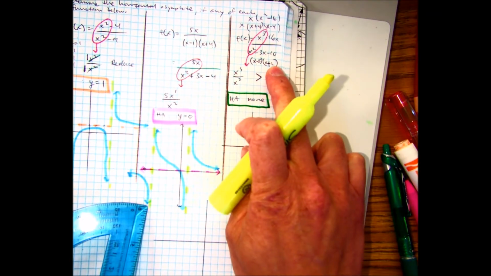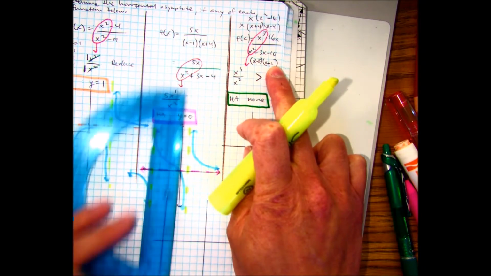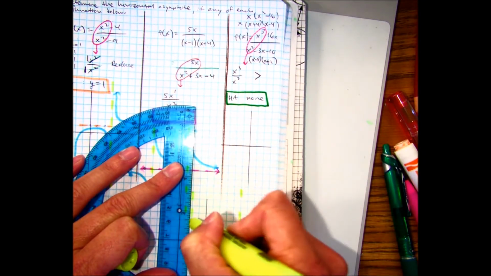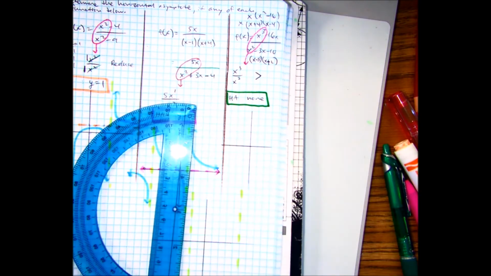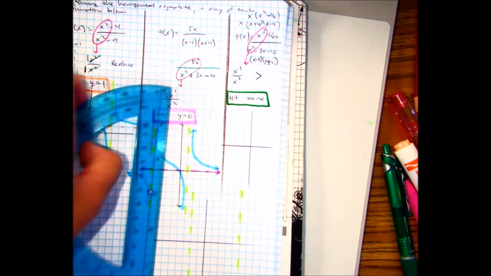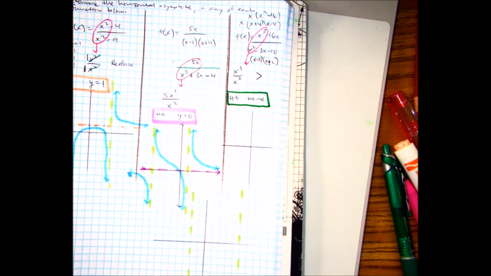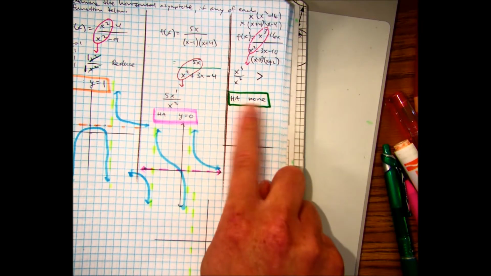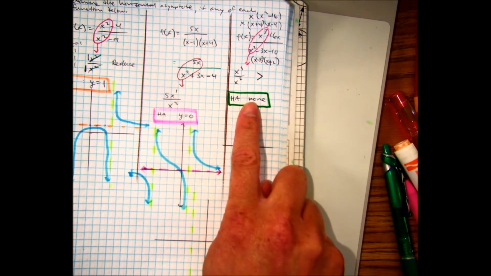And another one at x equals negative 2. Remember, you're setting those equal to 0. And then I have no horizontal asymptote.